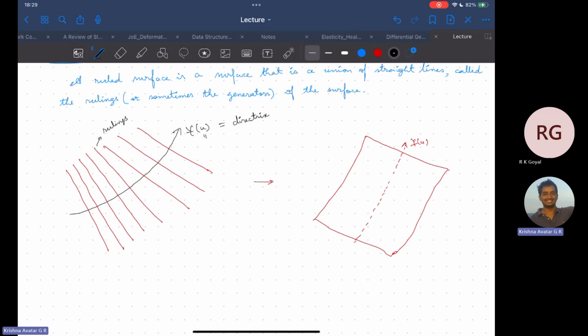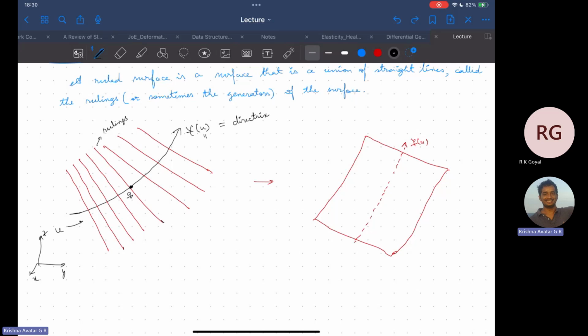Along this particular curve, u is also increasing, and on this particular line, say we have this point as q vector. This q vector is the position vector of the point where the curve intersects with this particular ruling.